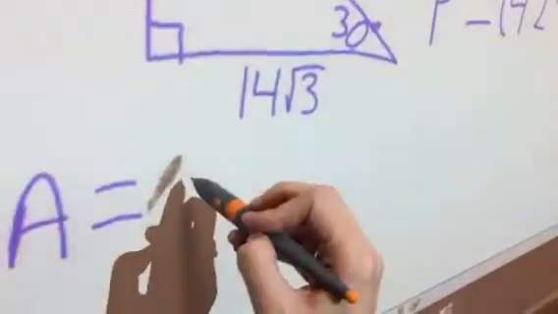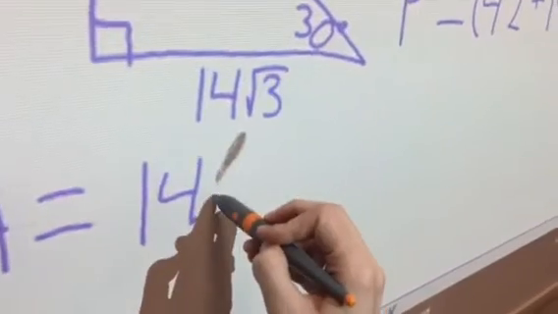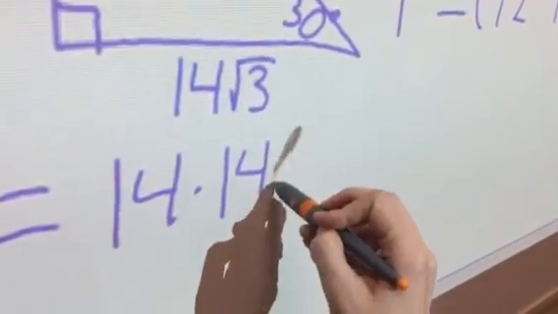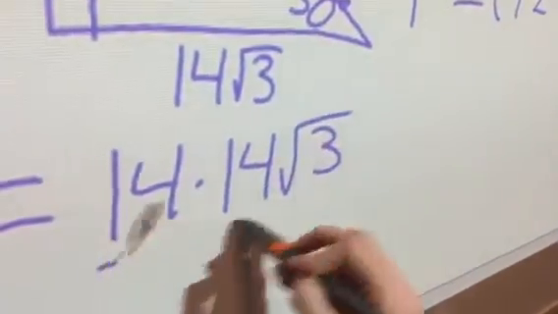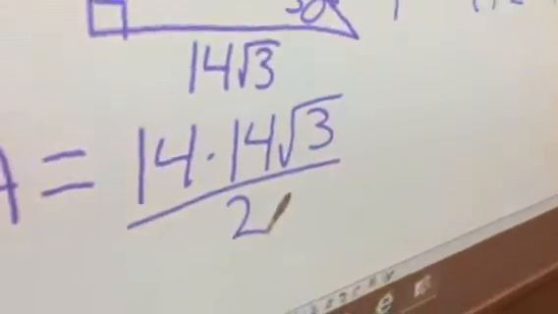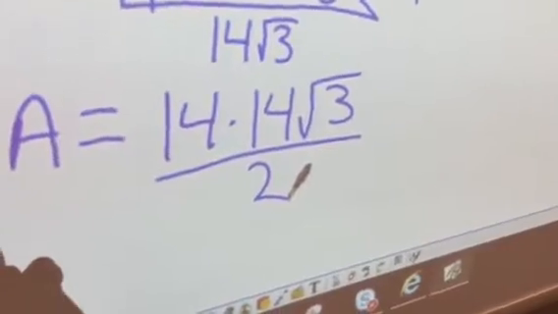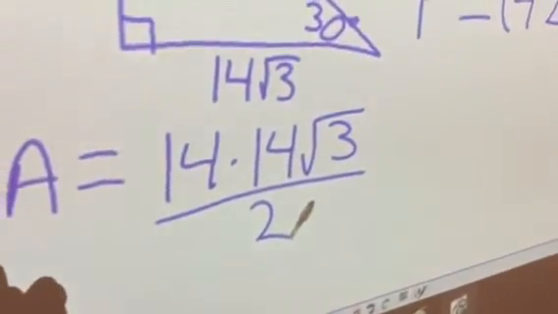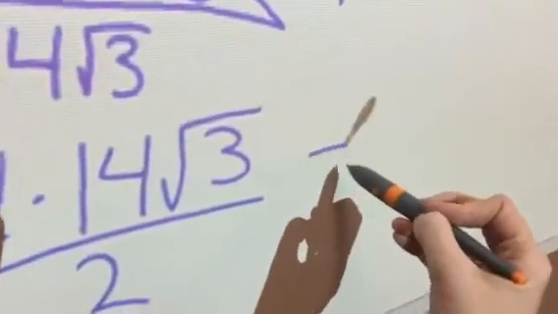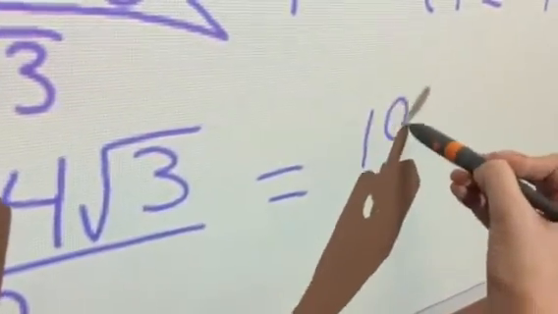That's going to equal 14 times 14 root 3, all divided by 2. Okay, so let's multiply that out. 14 times 14, let's see, what is that? 196? I think that's right. I hope that's right. Check me if I'm wrong.